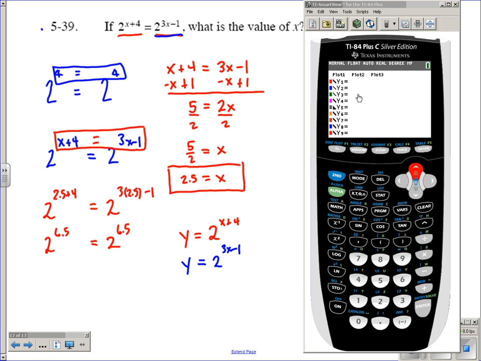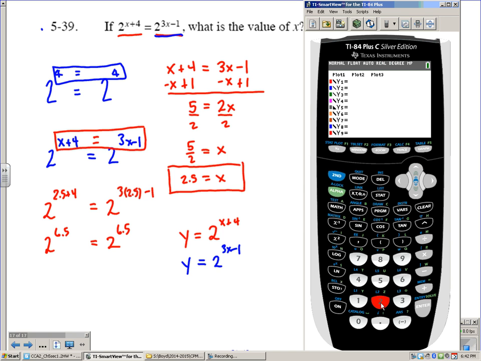Let's plug them into the calculator here. So I'm going to say 2 to the power of x plus 4, and the second one, 2 to the power of 3x minus 1.